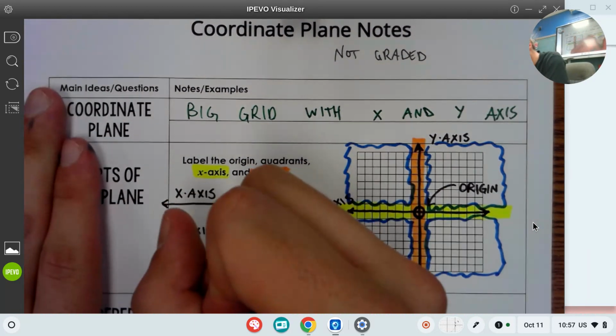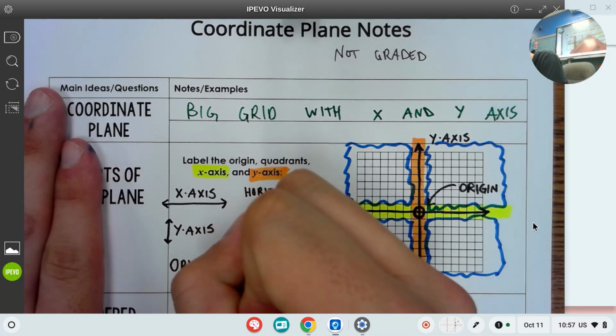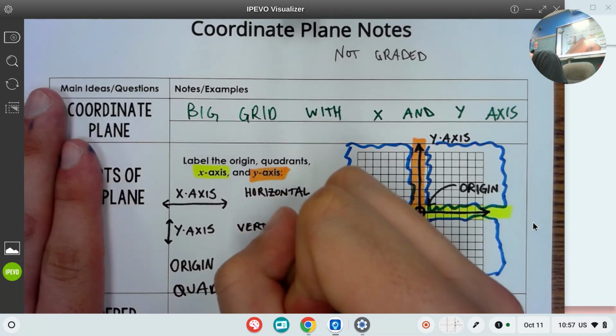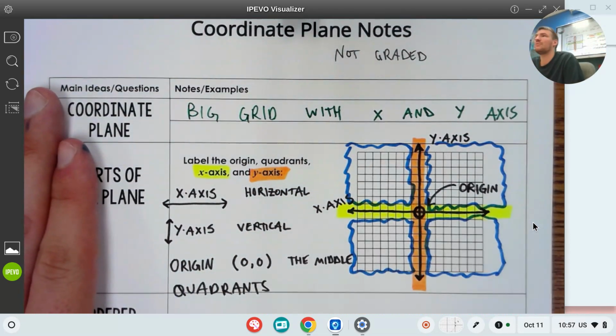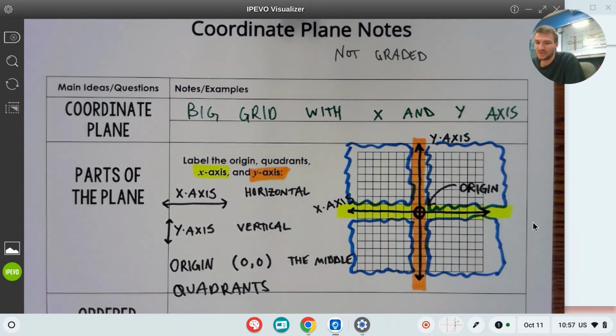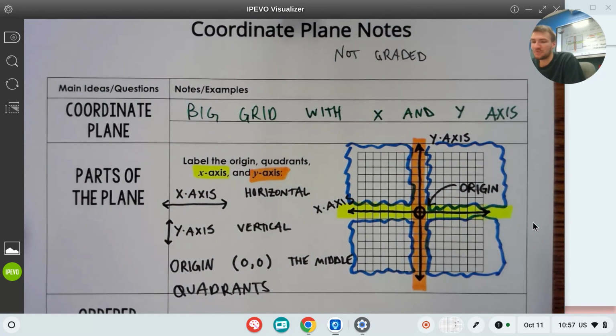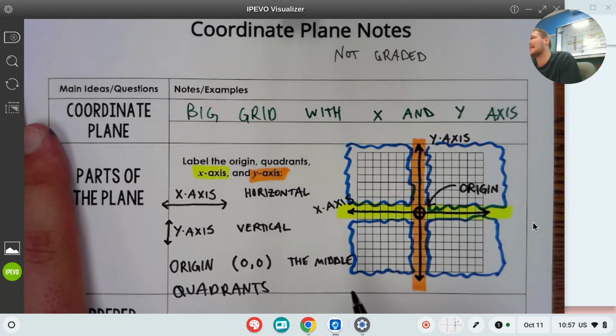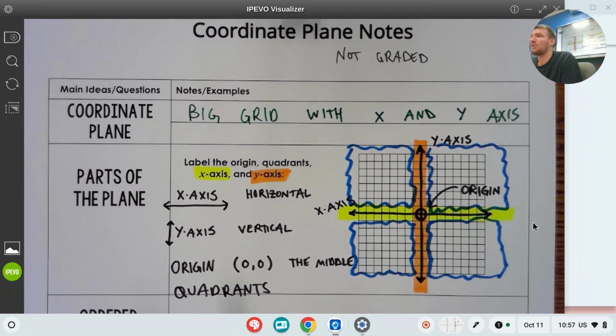The first thing that's weird about quadrants is that you have to label them with Roman numerals. Has anyone ever heard of Roman numerals before? Okay, Roman numerals use the capital letter I and then some other letters like capital V, capital X. If you've ever seen the Super Bowl, it likes Roman numerals, right?